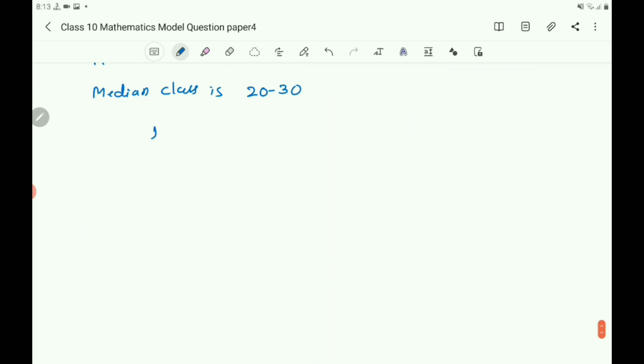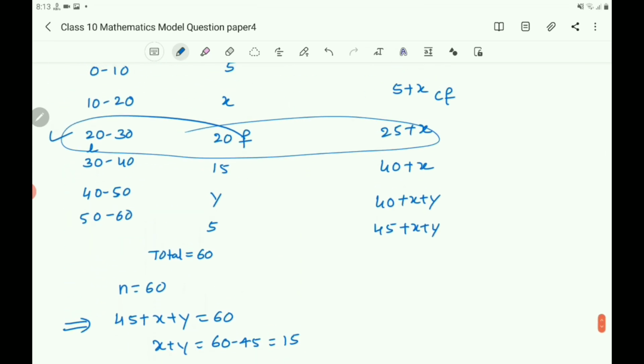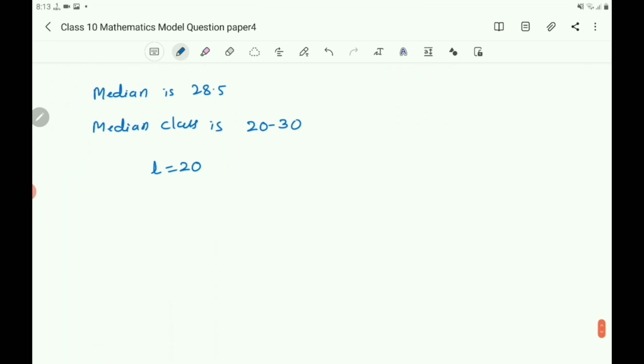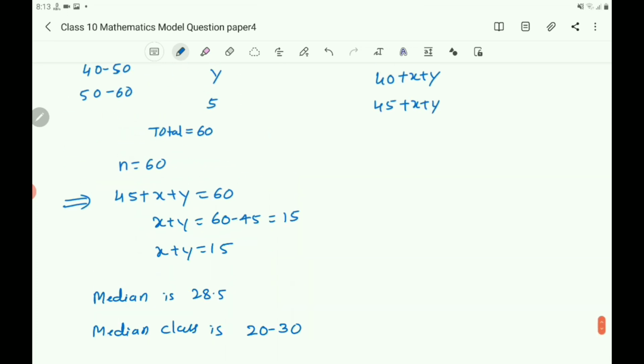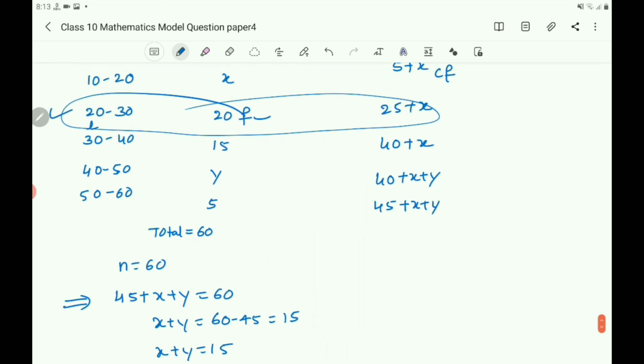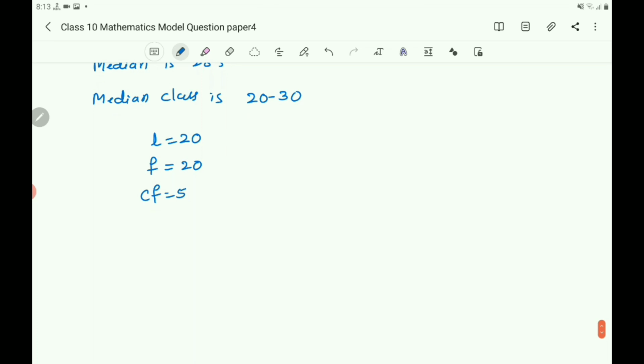So you write L equals 20, and f is also 20, the frequency of that median class, and CF is the cumulative frequency of the previous class, that is 5 plus x, and the width of the class is h, that is 10.